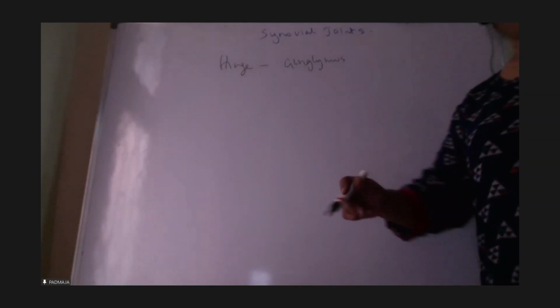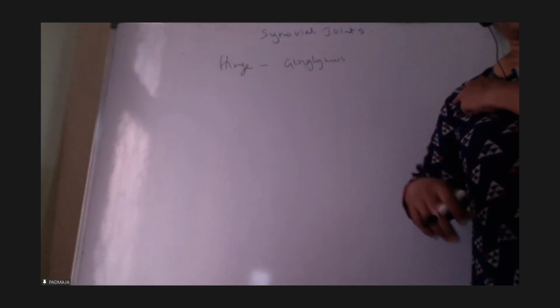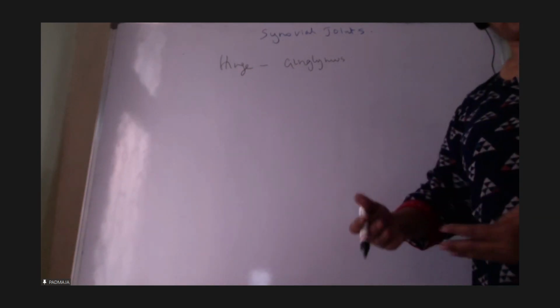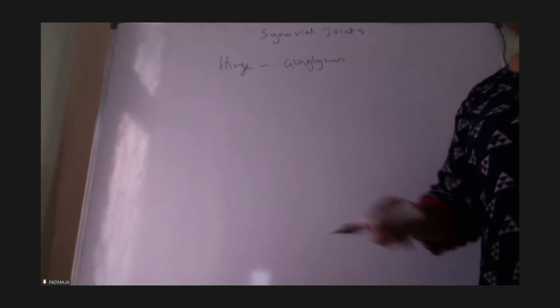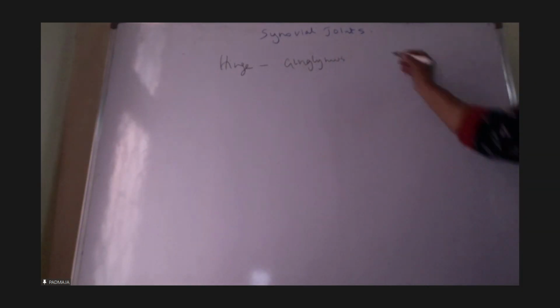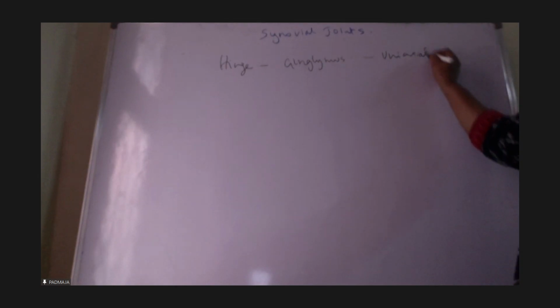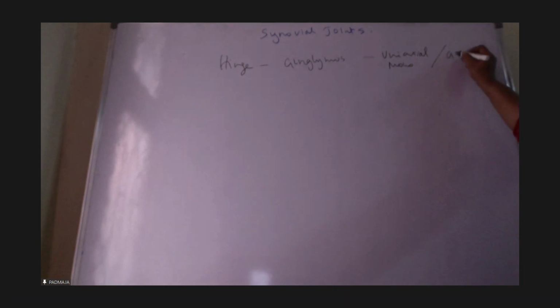And see, ball and socket, like here, in all directions it allows the movement. So that is multi-axial. The ball and socket, already yesterday we did. This one, only one direction, only angular movement it allows. So uniaxial or monoaxial angular movement.